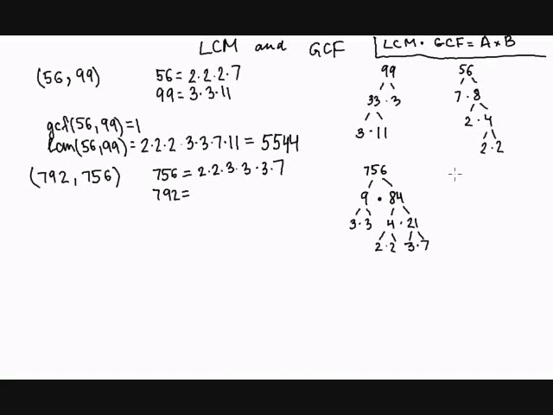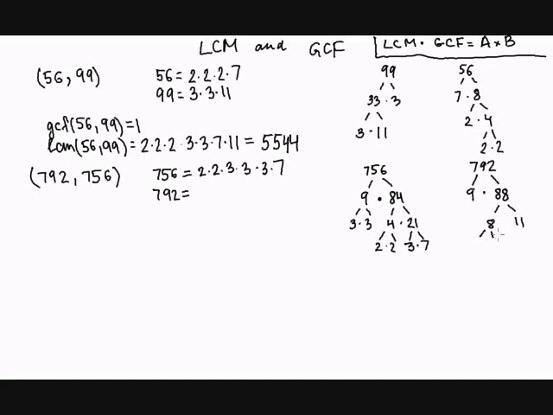Okay, let's do the prime factorization of 792. Again, right away we can see that 792 is divisible by 9. So we can write it as a product of 9 and 88. And 88 could be written as a product of 8 and 11.